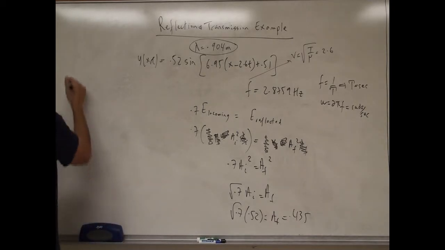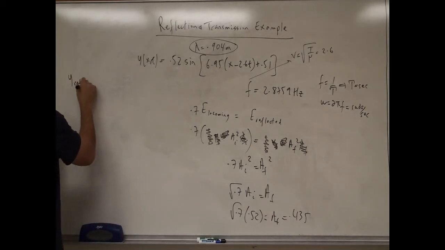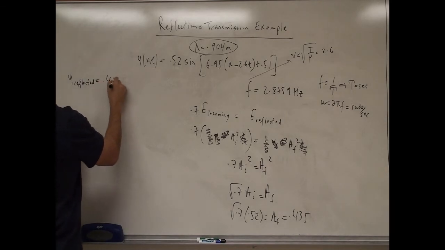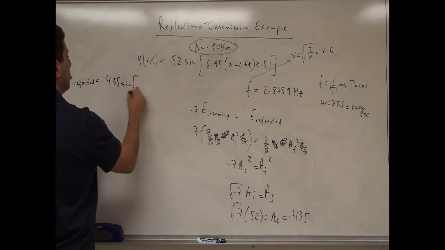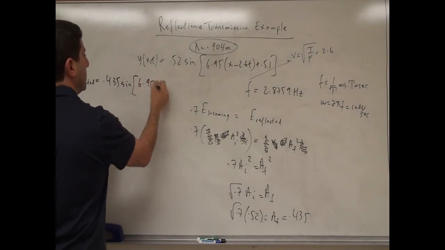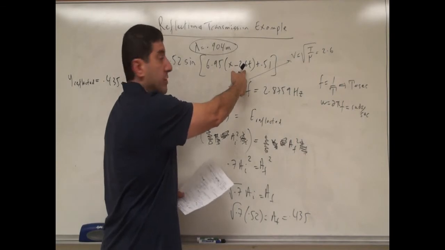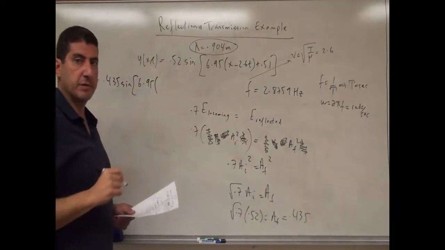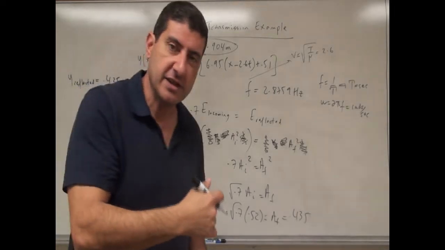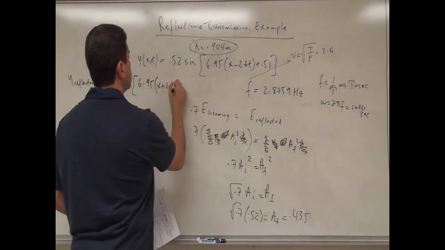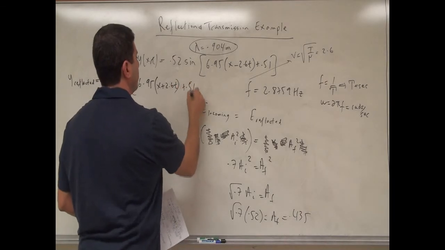The equation of the reflected wave is going to be 0.435 sine of 6.95. The wave number stays the same, the velocity stays the same for the reflected wave. But remember, it's going to the left, so you have to put a plus over here, right? So x plus 2.6t plus 0.51.